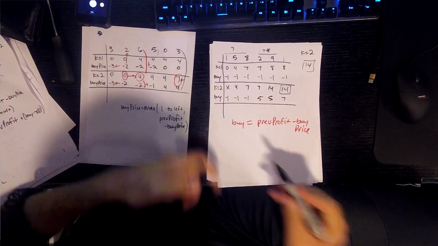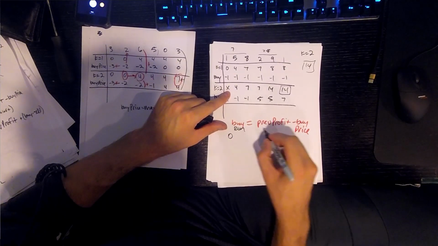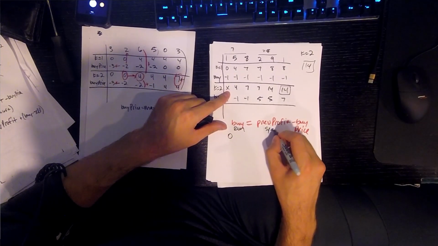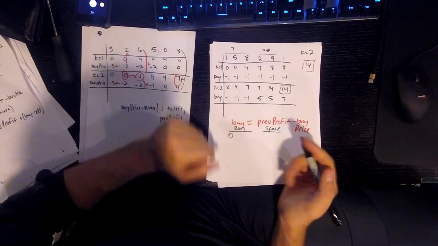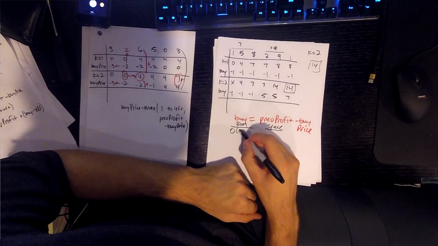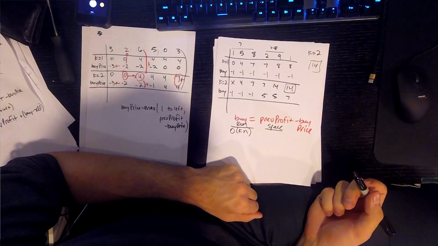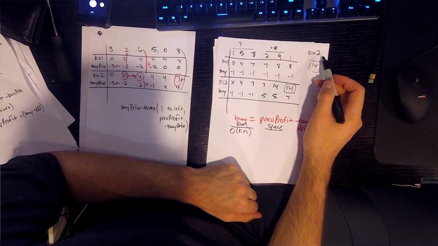So our runtime and space for this: our runtime is going to be O of kn, where k is the number we were given for the amount of buy-sells we can do.